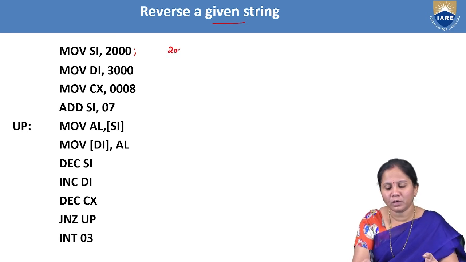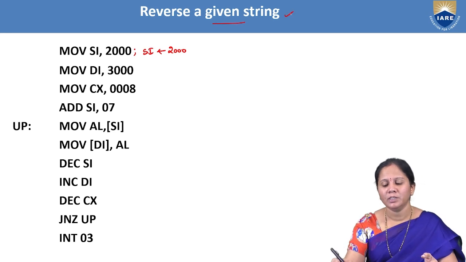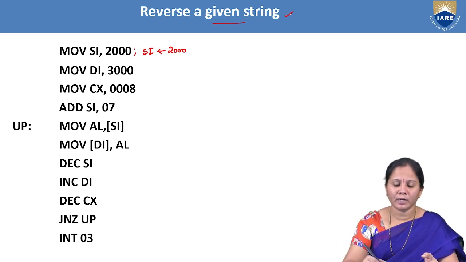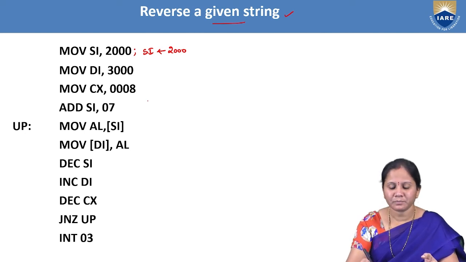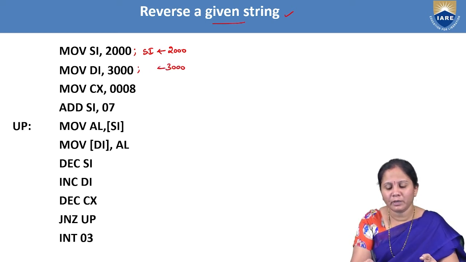Generally in these string operations, we can observe the registers SI, DI and BX. MOV DI, 3000: the value 3000 will be moved into the DI register. And MOV CX, 0008, so the value of CX is 0008.